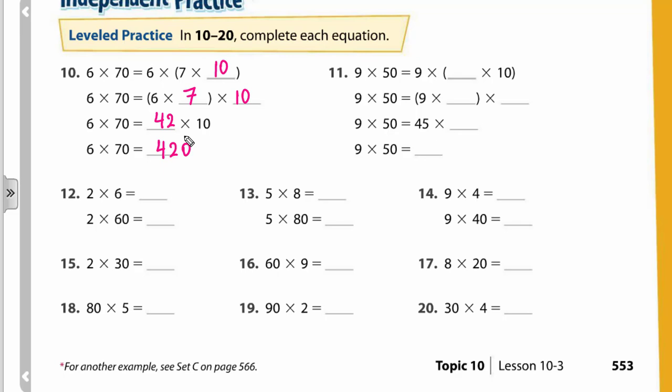Muhammad Al-Ghafli. Yes, teacher. Okay, Muhammad, go ahead. 9 multiplied by 50.